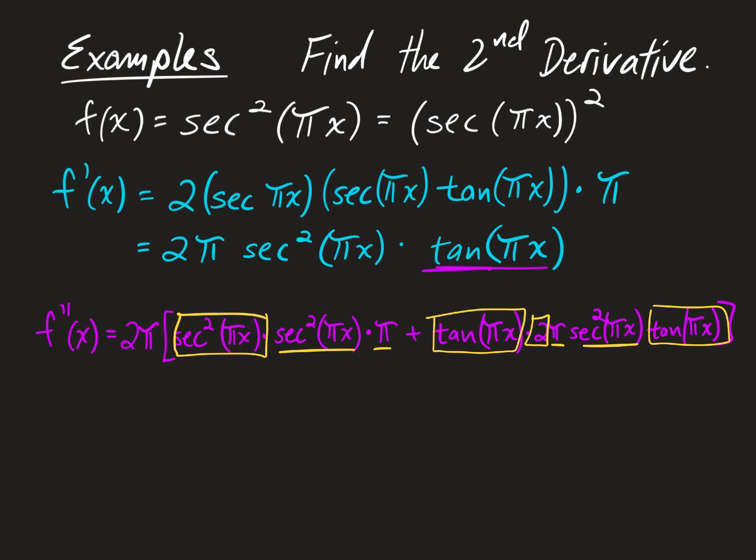So here's what the second derivative will look like. 2 pi squared, because we're bringing that pi out. Secant squared pi x times whatever's left over after we do the factoring. Plus 2 tangent squared pi x.